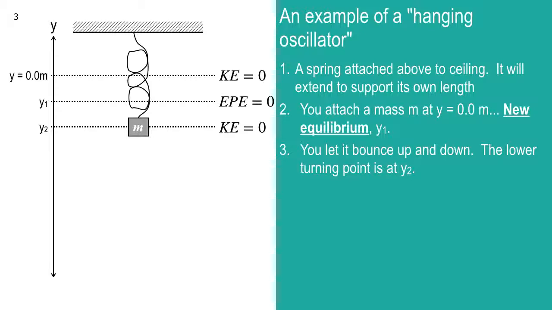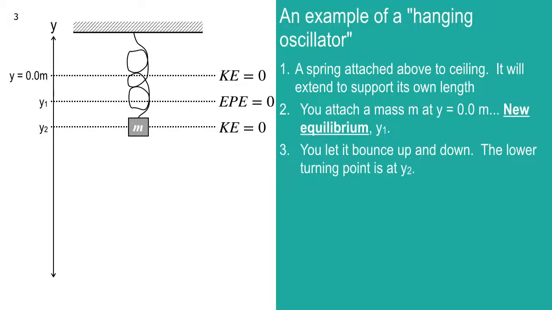But here's a point that I can't go into with you guys because you don't have calculus, but you can prove that all that gravity does is extend the oscillation down a certain distance to a new equilibrium, and then all oscillations are the same.